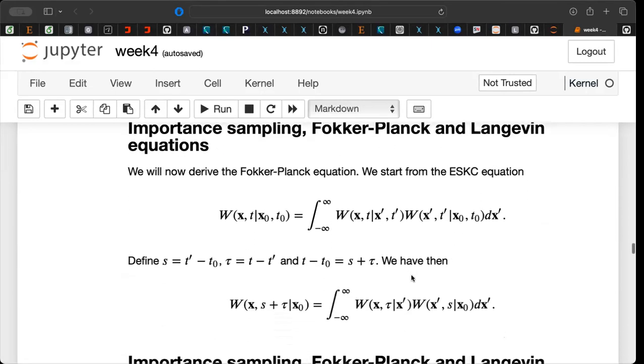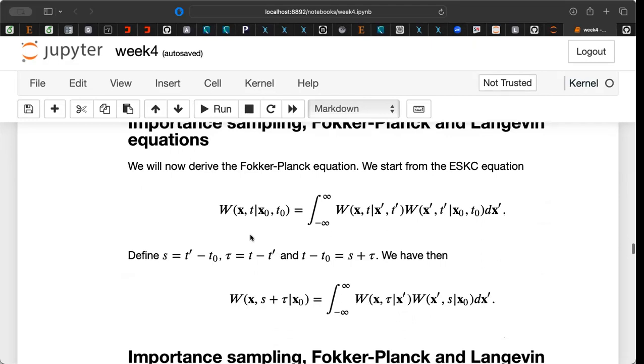The way you would do this is simply to rewrite the equation by defining a time s, which is the difference t prime minus t0, and then a time tau, which is t minus t prime, and then this other time t minus t0, which is s plus tau. We are assuming that these equations are reversible in time. So we can rewrite this equation in terms of a final position x and an initial position x0, with t minus t0 rewritten as s plus tau.